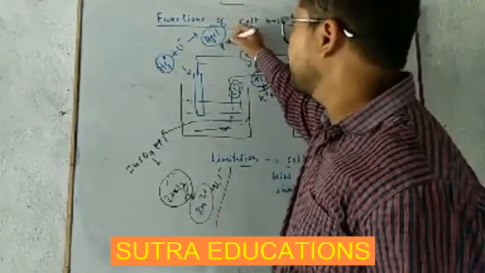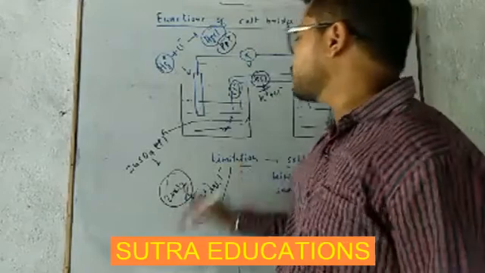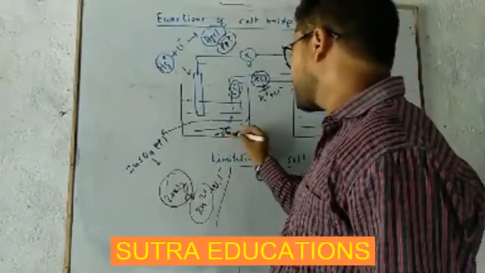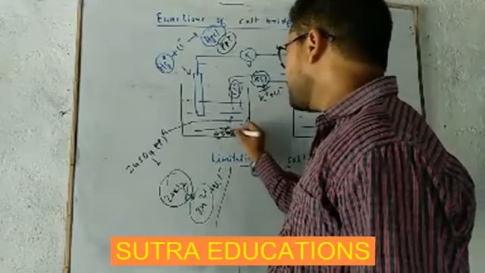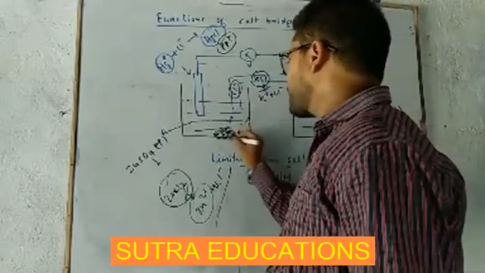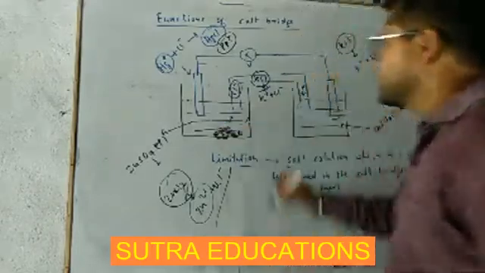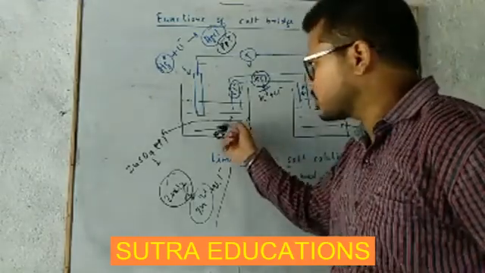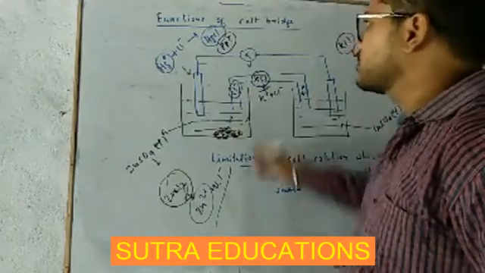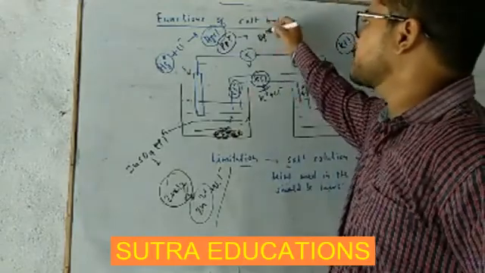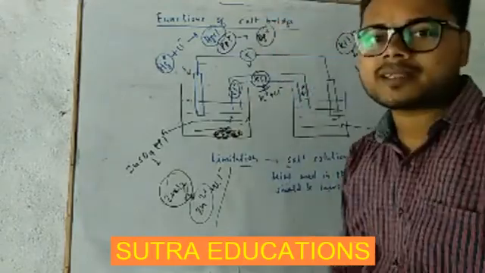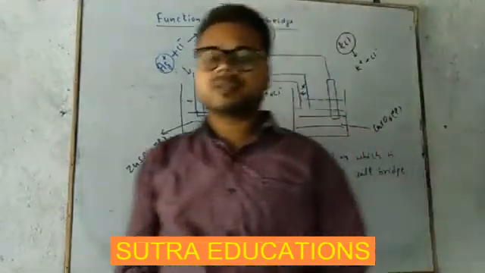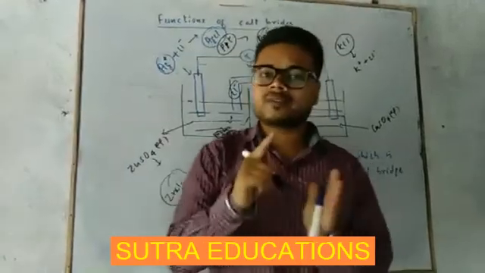So this AgCl will come down and settle at the bottom. Means we are not going to get any further Ag plus. Getting this? So this is the reason the salt solution which we are using should be of inert nature.